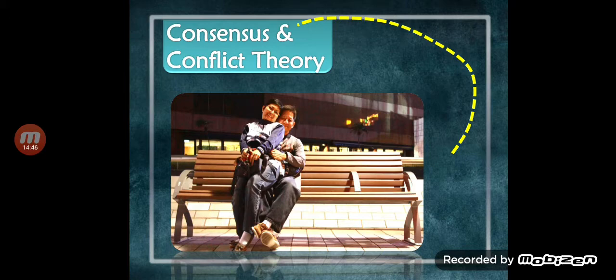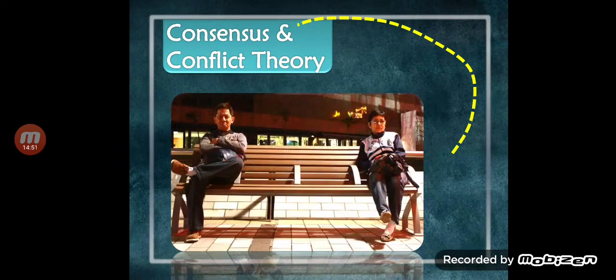And if you are always in good terms, consensus occurs. But if something happened, you are being expressive with your face, the distance, and you don't even talk with one another, that is a covert one, that means there is a problem. And that means it can cause conflict. So just a simple symbolism on how to show the concept of consensus and conflict theory.